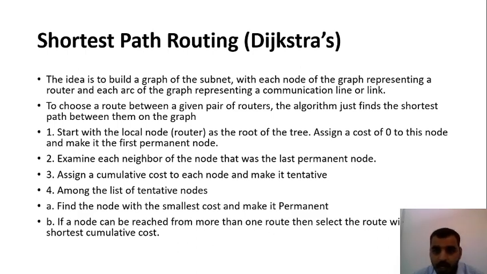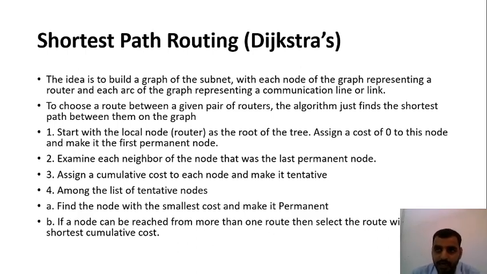Now what it says: to choose a route between a given pair of routers, the algorithm just finds the shortest path between them on a graph. What it does is start with the local node where you are, as the root of the tree. Assign the cost of 0 to this node, because as you are starting you have not spent any rupees.